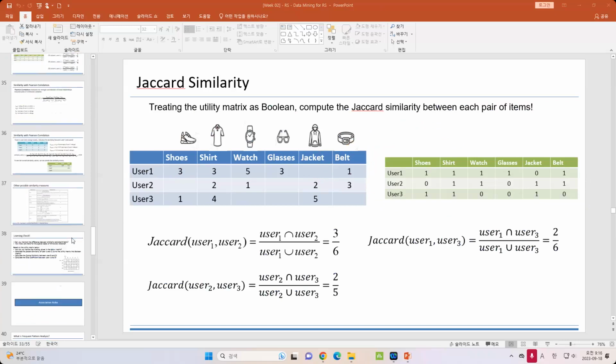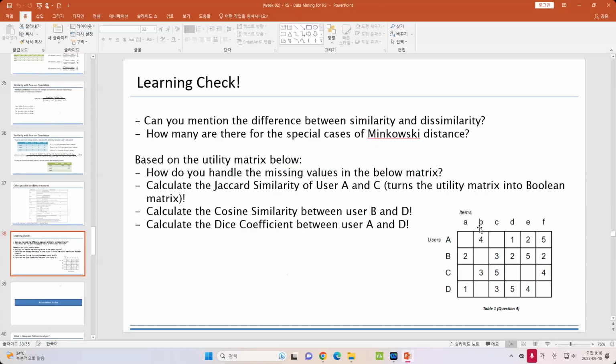So we can just look at this one. We are going to calculate the Jaccard similarity of user A and C. Then I can say A will be 0, 1, 0, 1, 1, 1.